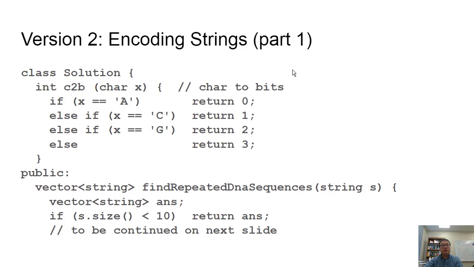Anyway, here we are encoding the strings. I wrote this function to convert a character into a number. This can also be done using a map. I'm not totally sure of the performance. Oh yeah, now I know.